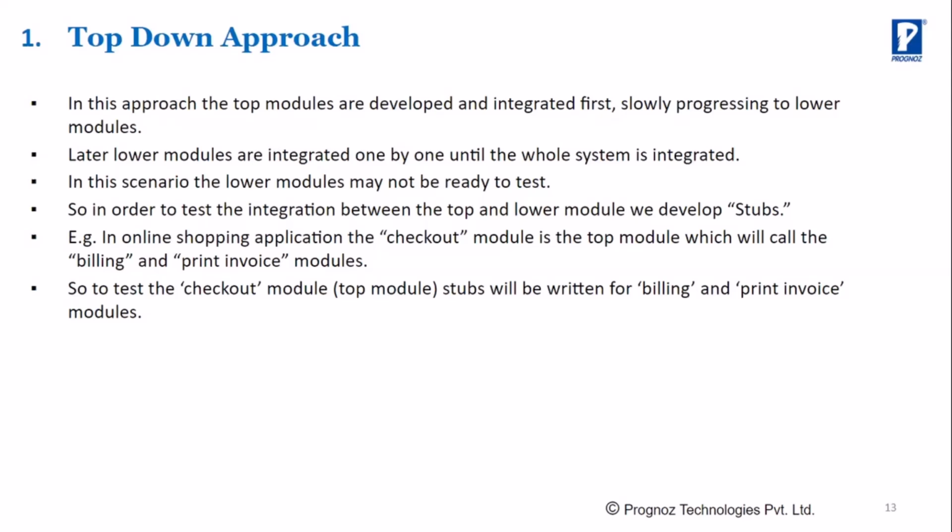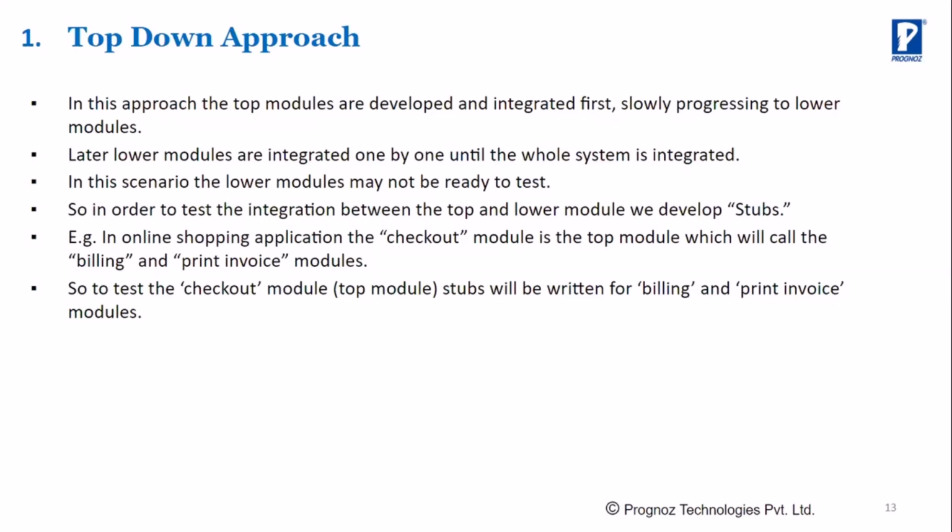After checkout, what we can do is billing. The bill should also be generated, and after that the invoice should also be generated, print invoice, because when it is dispatched, it should go along with it. So that is the reason here we have developed the checkout module on priority, and then we can write a code snippet for the other bottom modules as stubs. And once those stubs are tested and stable, we can write code for the bottom modules, right?